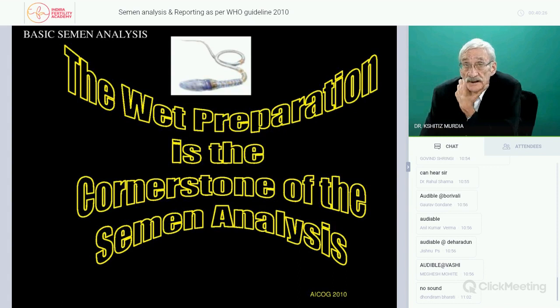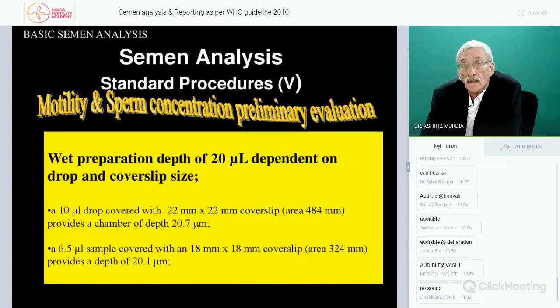Now, if we start with the practical, the wet preparation is the cornerstone of the semen analysis. Wet preparation is performed by placing a drop of semen on a microscope slide, and this is the typical operation that should take place.